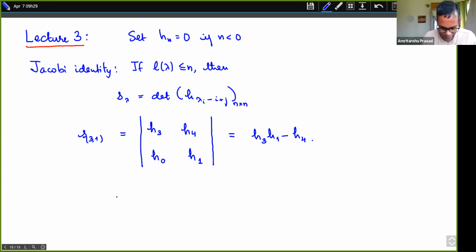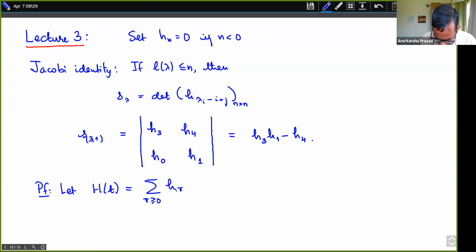So it's very simple in that sense to express Schur functions in terms of complete symmetric functions. And the proof that Macdonald gives is based on the Cauchy identity. So we have this. I think I've already introduced this notation. I will introduce a formal power series with coefficients in the ring of symmetric functions, and this is H(t) equals the sum over r greater than or equal to 0 of h_r t^r, and so this is now a symmetric function in variables maybe x or y or whatever, times t raised to the power r.